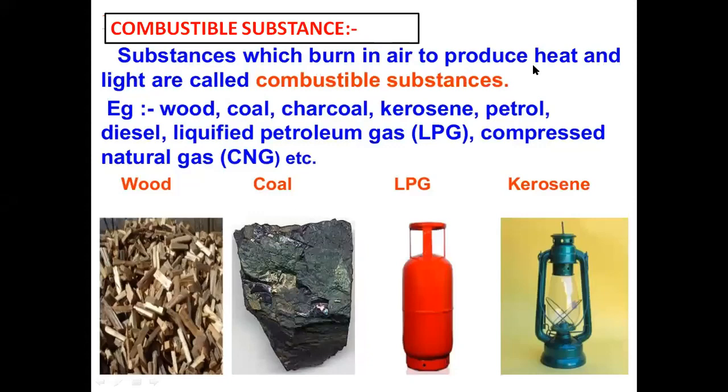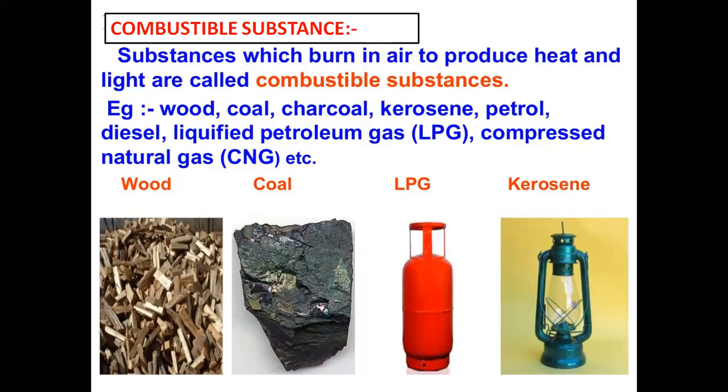Second, we'll see the definition of combustible substances. The substances which burn in air to produce heat and light are known as combustible substances. On the other hand, the substances which do not burn in the air to produce heat and light are known as non-combustible substances.